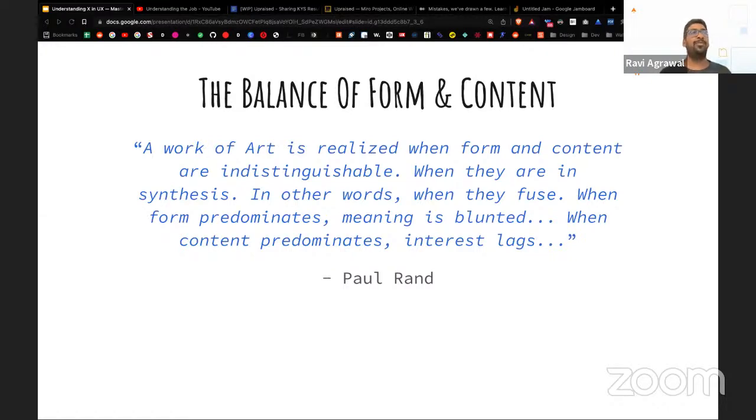If the form predominates, meaning is blunted. When content predominates, interest lags. What it means is that if you over-design something, the meaning that you wanted to share in the first place is taken away. But if the content predominates, it becomes boring.